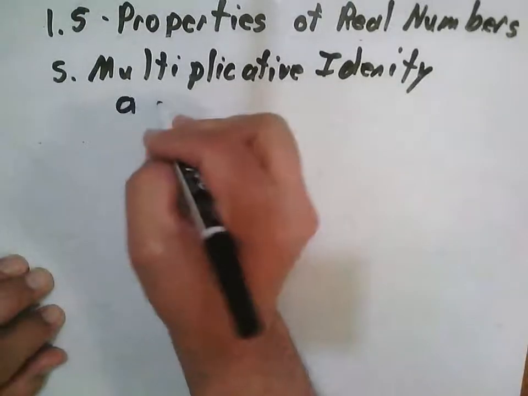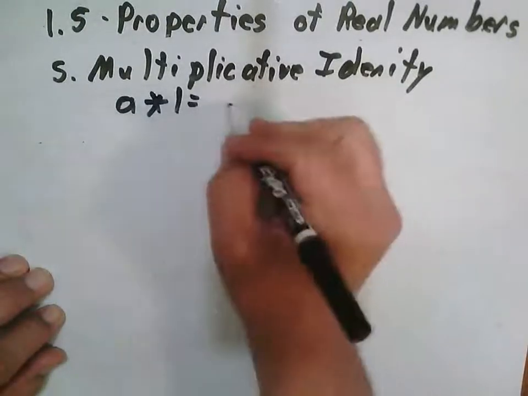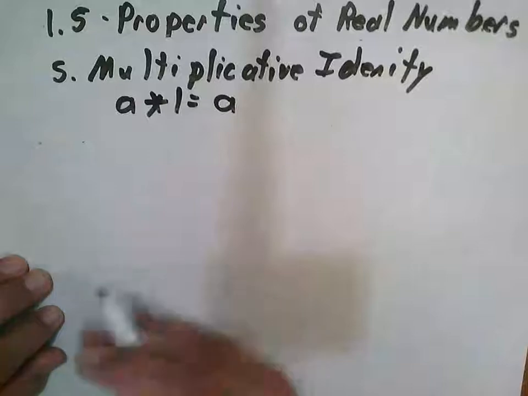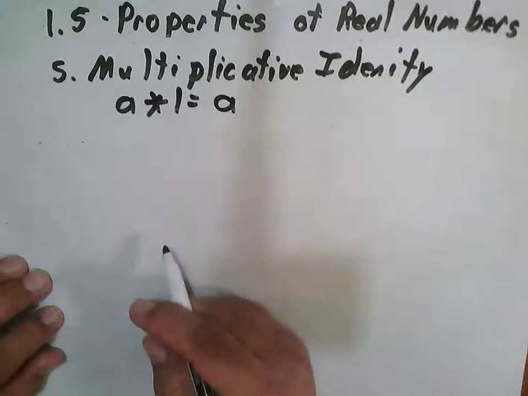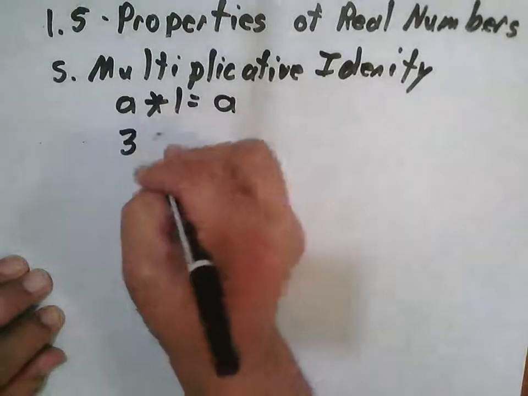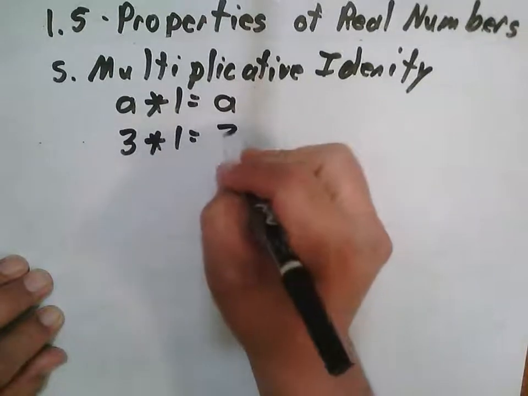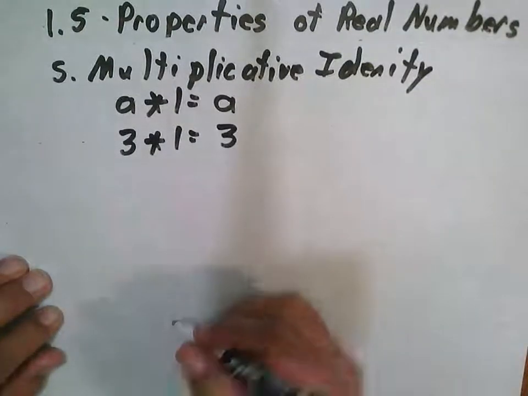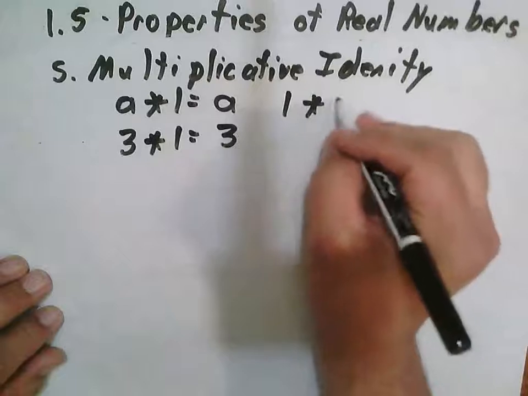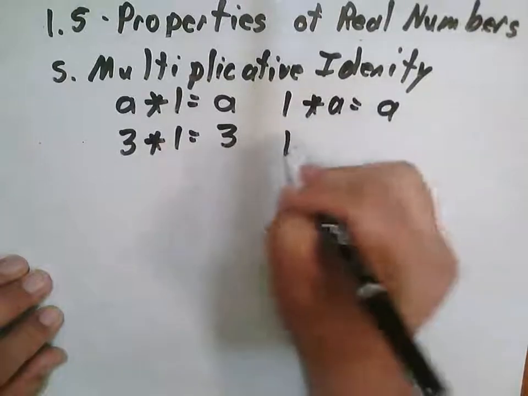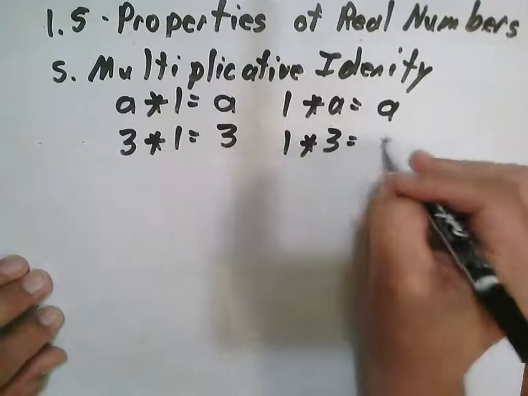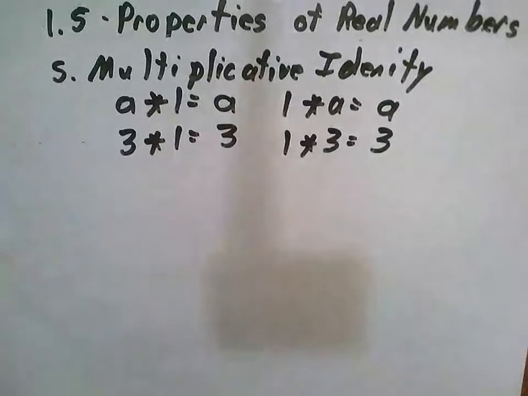So for an example, a times 1 is just a. And we've already covered that in the first section, 1.1. But if we substitute in numbers, 3 times 1 is the same thing as 3. And I can reverse these, so 1 times a is the same thing as a, just like 1 times 3 is still 3. Right? Any number multiplied by 1 just leaves it at that same number.